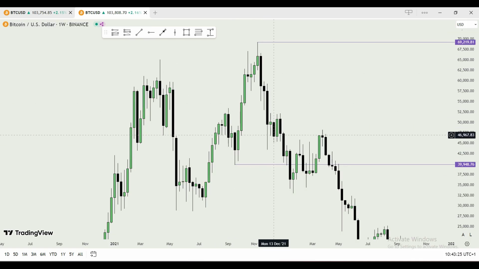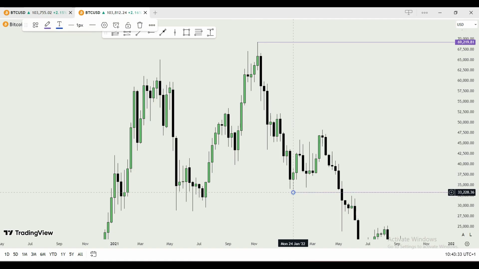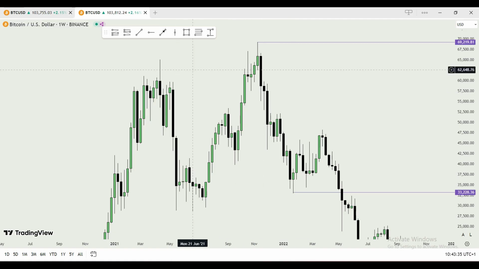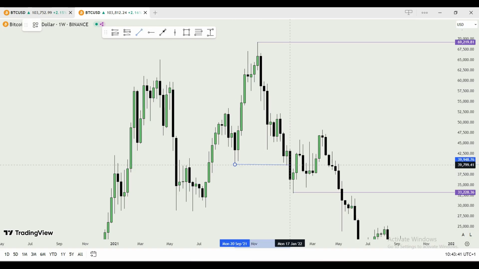Price came down, took out this low here and closed below it. Then this became a new low. When this happened, price turned to a bearish structure on this time frame. So now this has become our new range.